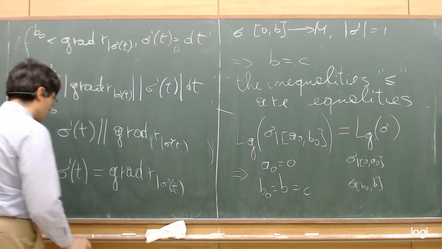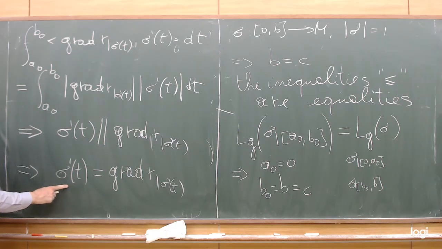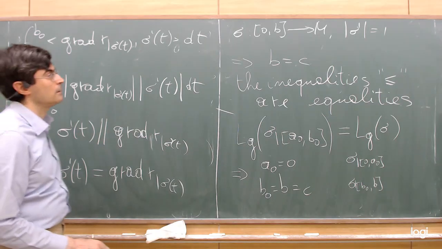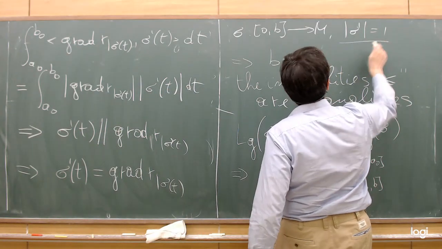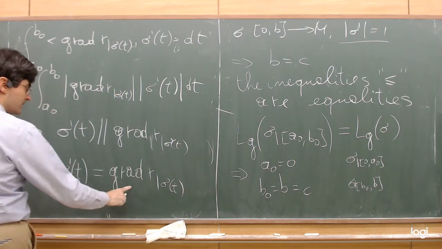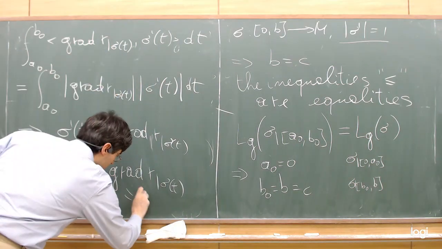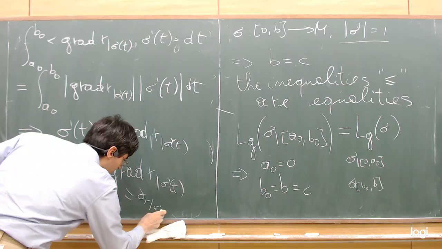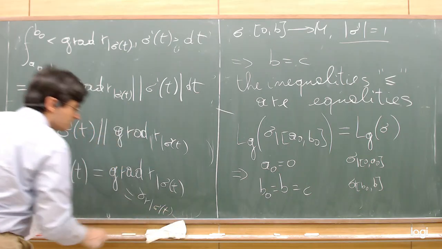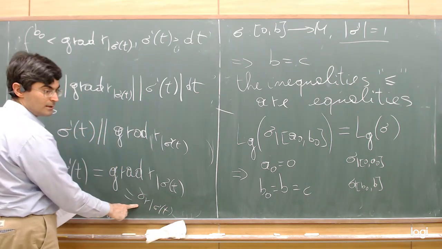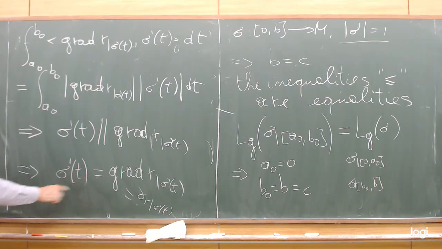Why? Because this by hypothesis has length 1, and this one is delta R along sigma t, which is a vector of length 1. So this must be true.